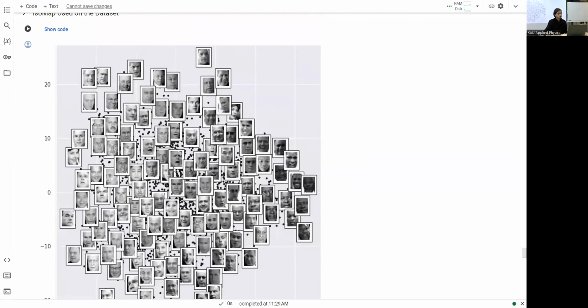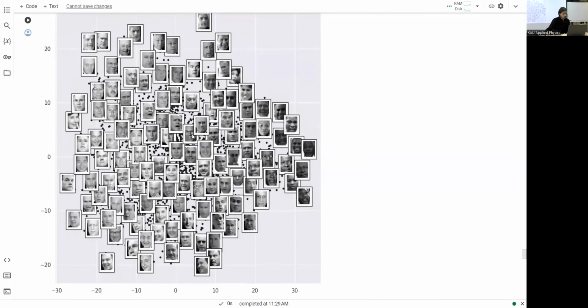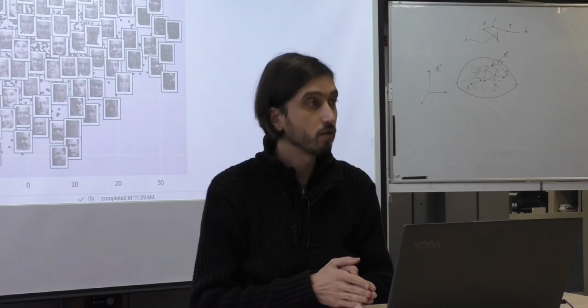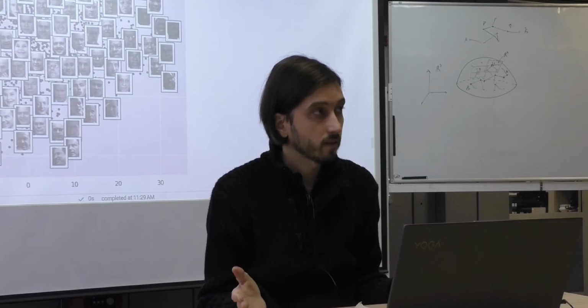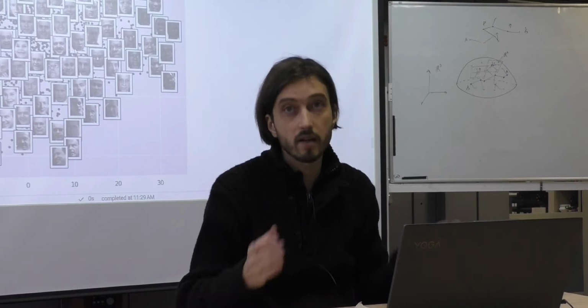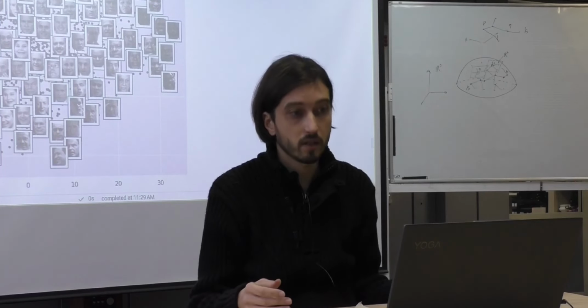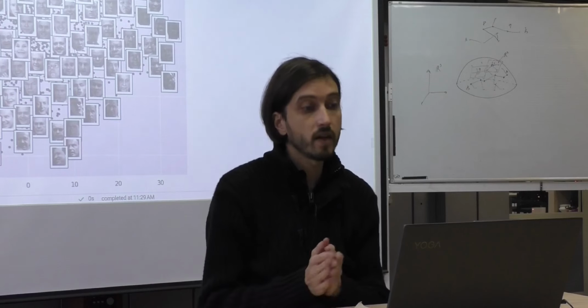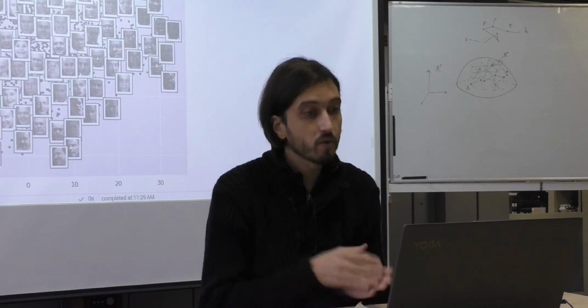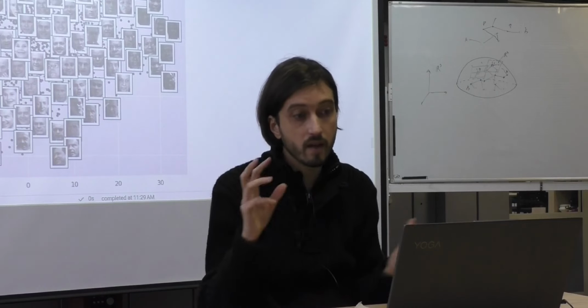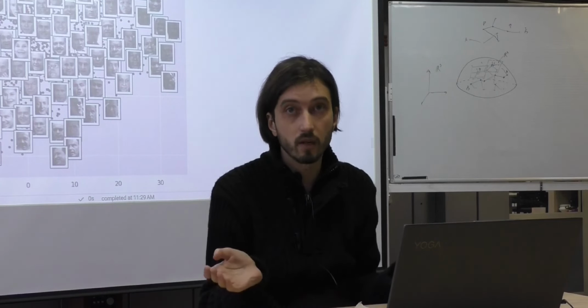What I want you to appreciate in this example is that the manifold learning method knows nothing about faces. It's just a point in a high dimensional space. I don't have any face detector here. I don't have any neural network that understands where the eyes or the nose are.